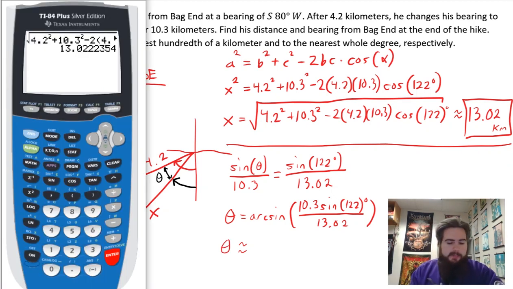Using a calculator for that purpose, we can do inverse sine of 10.3 sine of 122, make sure you are in degree mode, divided by 13.02. That gives me about 42.14, or to the nearest whole degree would just be 42.